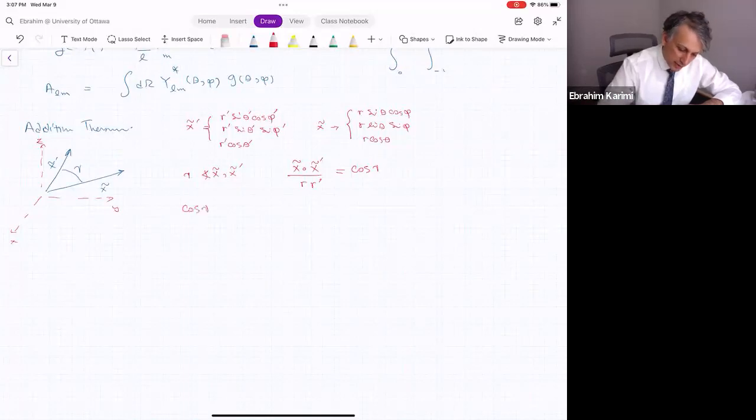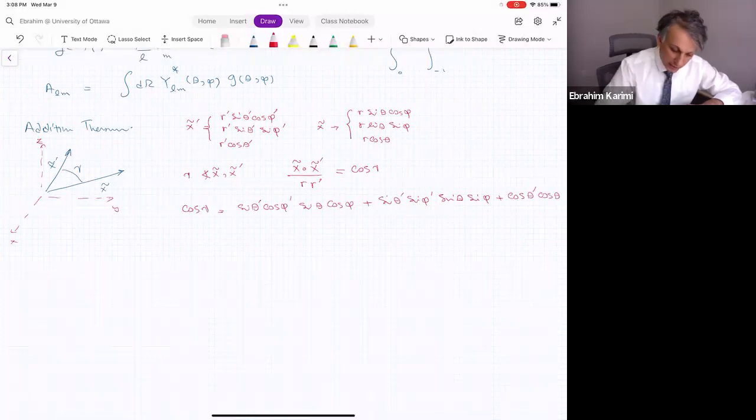And cosine of gamma, indeed, is given by the dot product divided by r and r prime. It will be sine of theta prime cosine of phi prime, I'm doing the dot product between the upper side, sine of theta cosine of phi, plus sine of theta prime sine of phi prime sine of theta sine of phi, plus cosine of theta cosine of theta prime.